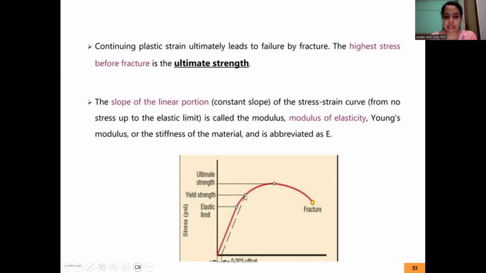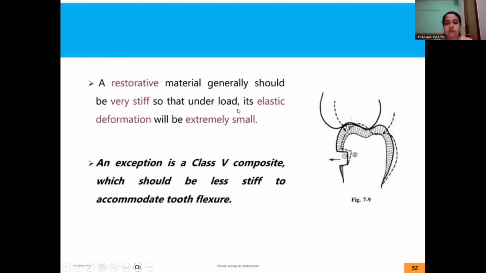From here to the yield strength, it is the area wherein you have the elastic strain, and then further from here to here you have a plastic strain, and then further beyond the ultimate strength the material tends to fracture. So a material generally should be very stiff so that under load, its elastic deformation is very small.